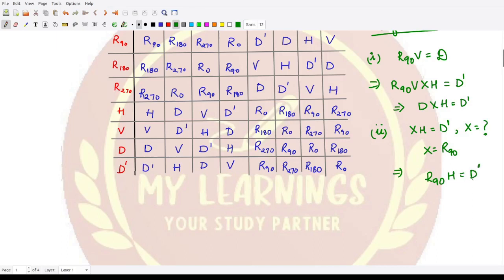This is what we have computed. If this is R90, then this D X should be equal to R90 degree, right? So from here we can write the third step. We need to find X in such a way that D X is equal to R90.